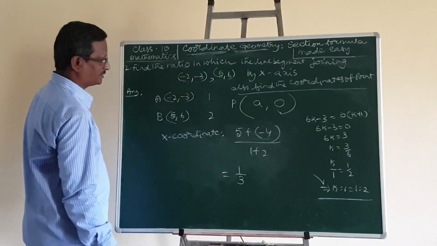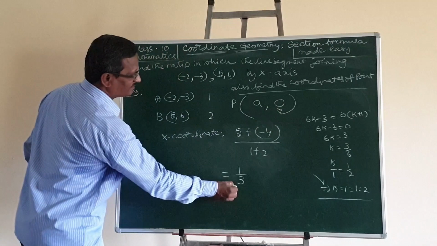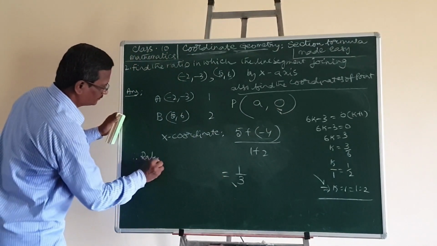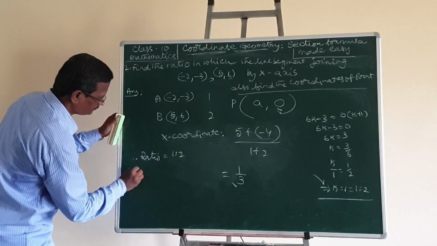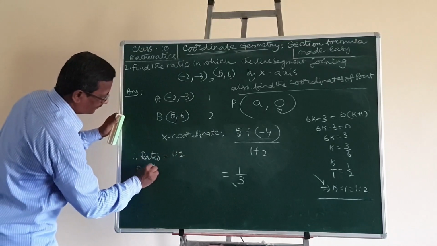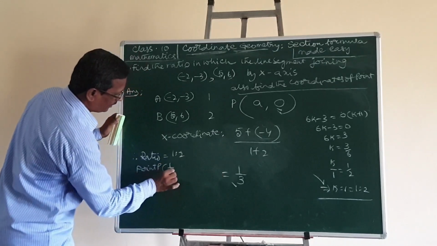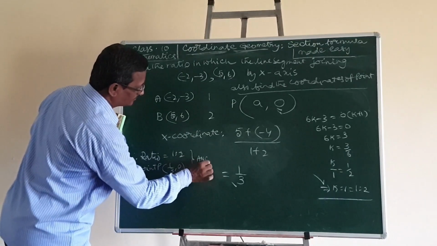This is the x coordinate. The y coordinate we already know is 0. The x coordinate is 1 by 3. Therefore, while writing the answer, the ratio is 1 is to 2, and point P is 1 upon 3 comma 0. Together we will write the answer.